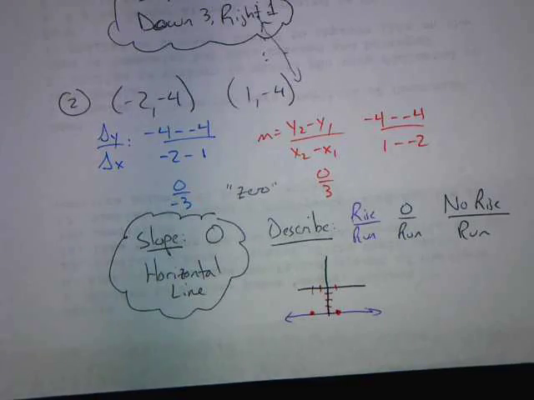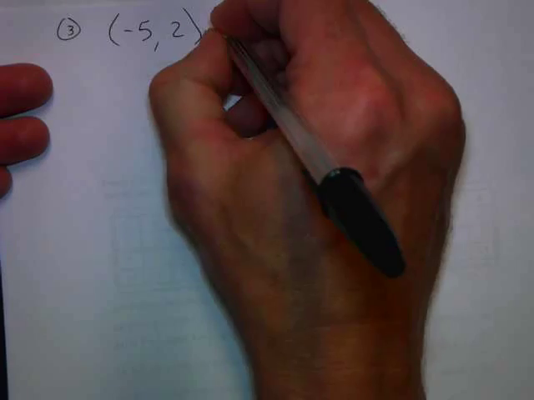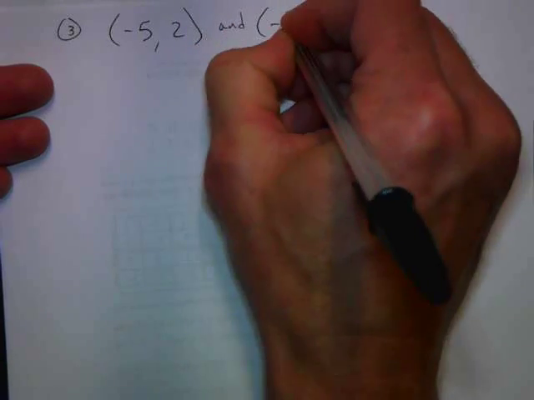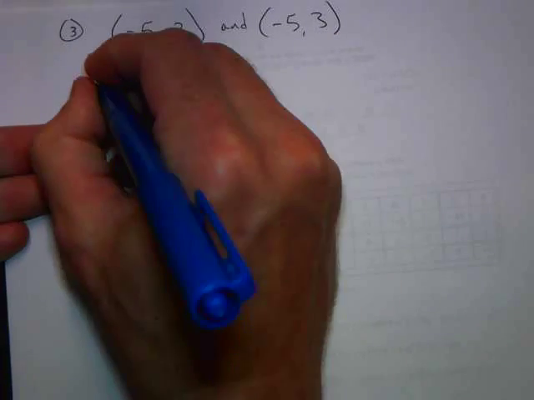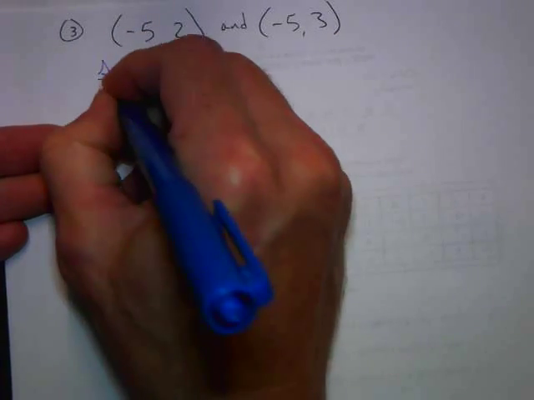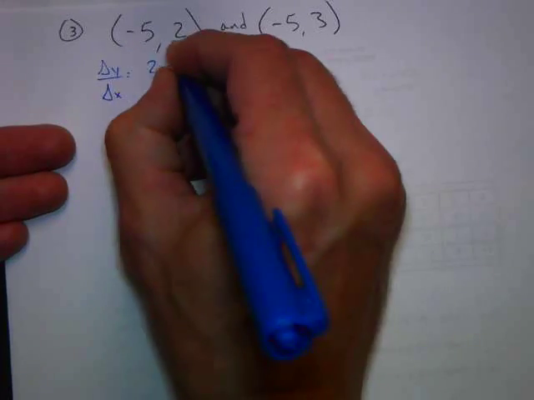Well, what about that third example? In the third example, we had different ordered pairs. Let's see what would happen with that. So we have an ordered pair at -5, 2, and an ordered pair at -5, 3. So we find our slope. Again, either way, you can do change in y over the change in x. I like to work from left to right.